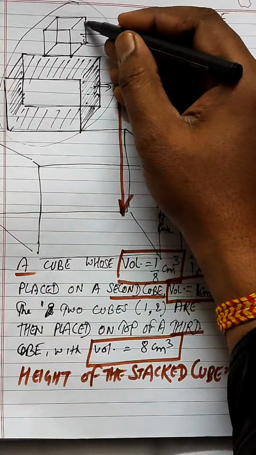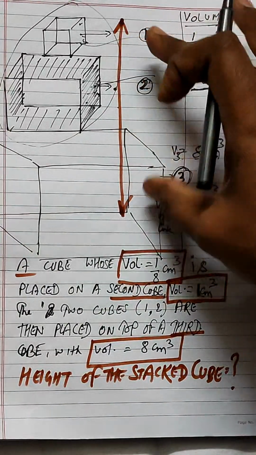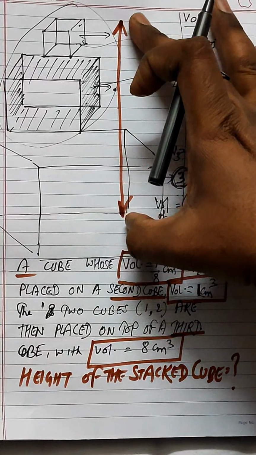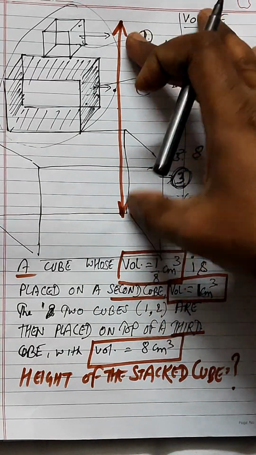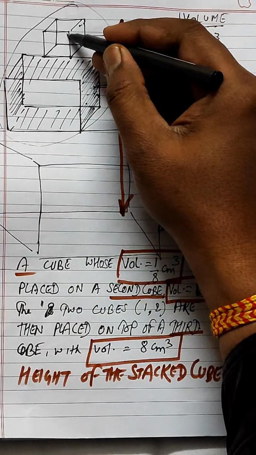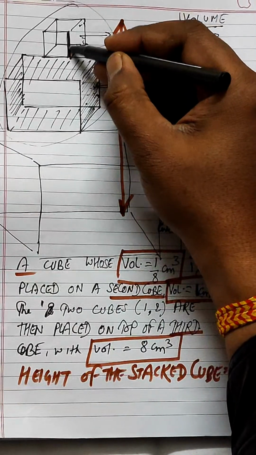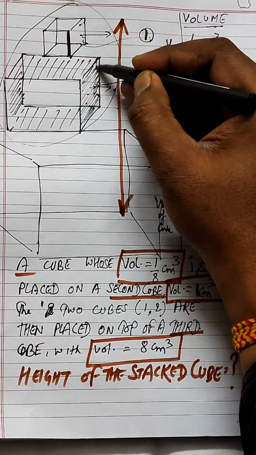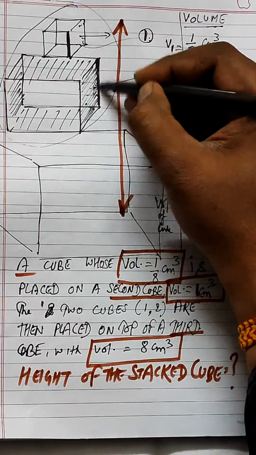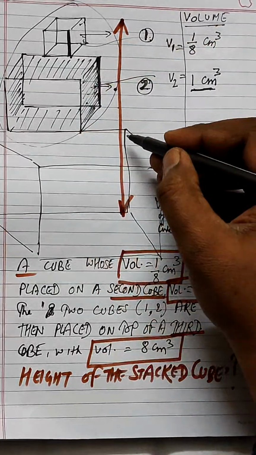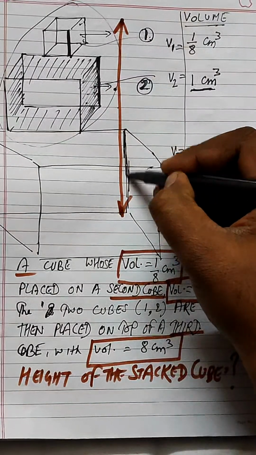And when you get the value of the side, don't you think that the height of this stacked cube will be equal to the side of this cube added with the side of this cube here, added with the side of this cube here.